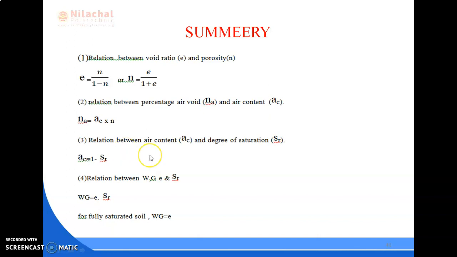Number 3, relation between air content Sc and degree of saturation Sr, and the relation is Sc equal to 1 minus Sr. Number 4, relation between w, G, e and Sr. So the relation is wG equal to e into Sr, and for fully saturated soil wG equal to e.